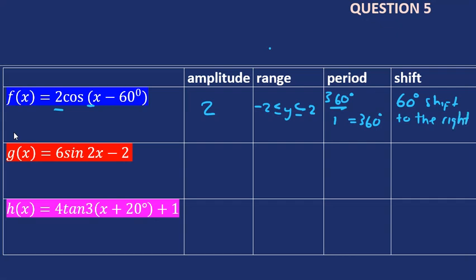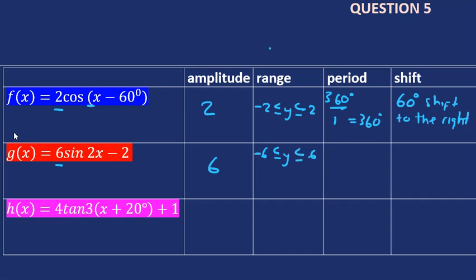Okay, let's go on to the second function, the function of g of x. Here the amplitude is 6. The question is on the range, it gets a bit tricky because there's a vertical shift of minus 2. So we would write the range as per normal, going from negative 6 to positive 6.